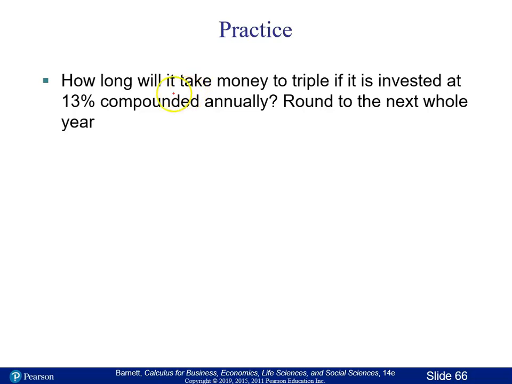Okay, here we have another practice one. How long, so we're finding the t, will it take it to triple if it's invested at 13%? So r is 0.13, compounded annually, so my m is going to be 1. Okay, so we're going to use that same formula we've worked with before.